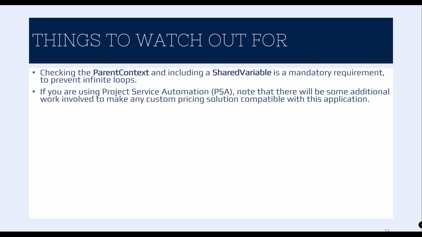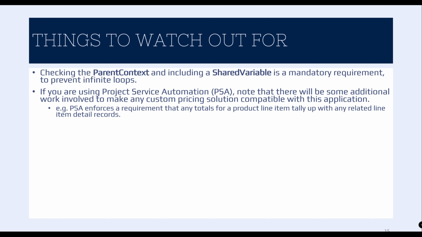If you are using the Project Service Automation application, I will stress there is some additional work you have to do to get a custom pricing solution to play nice with PSA. A key example is that PSA has a lot of custom logic that works on top of the various line item records.